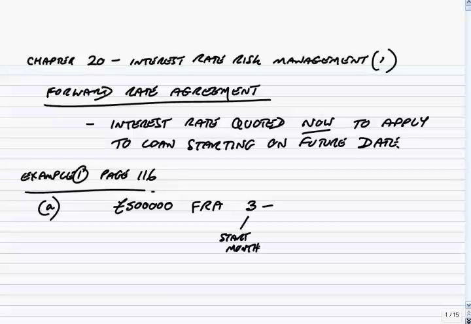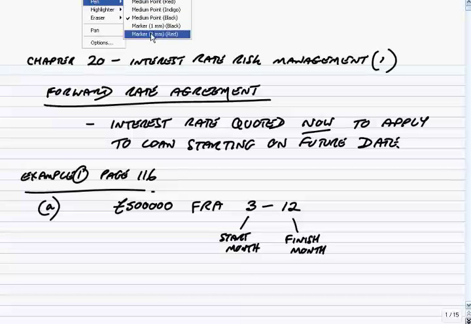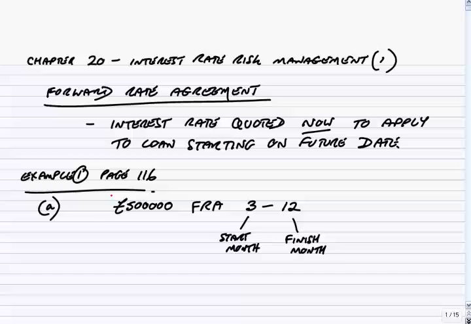We want to borrow the money for 9 months, so we want the loan to start in 3 months' time, the 1st of September, and if it's going to last for 9 months, we want it to finish in 12 months' time. And so that's what we ask for, an FRA 3 to 12 on £500,000.